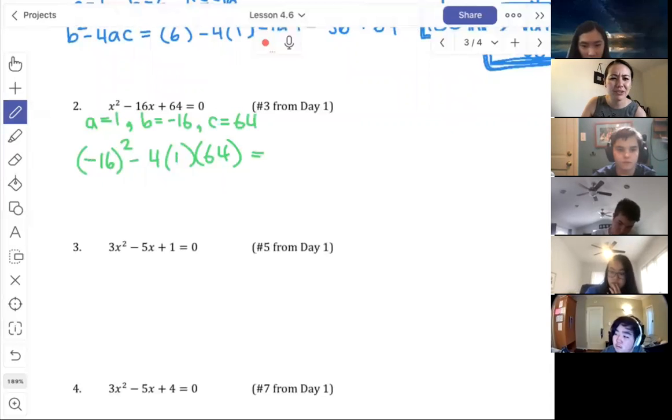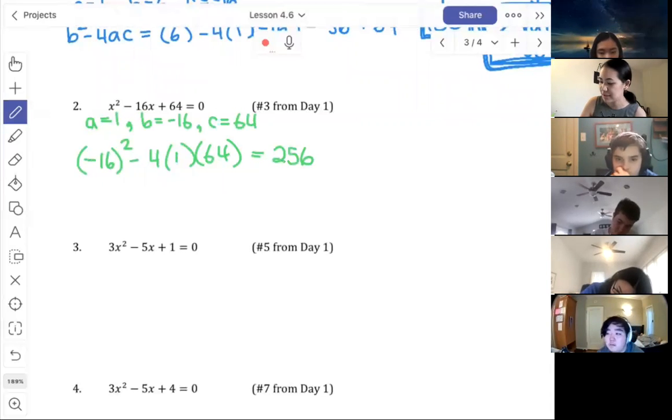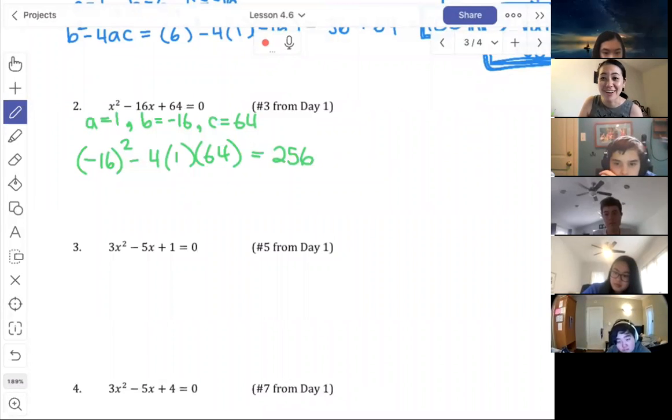Okay, 16 squared, I believe, is 256. I only know that because I just did that in period 2. Don't think I'm like a human calculator. I'm not. All right, minus 4 times 64 is also 256.